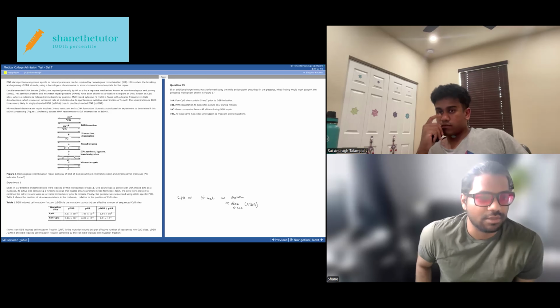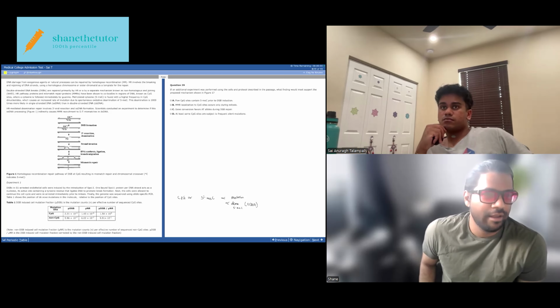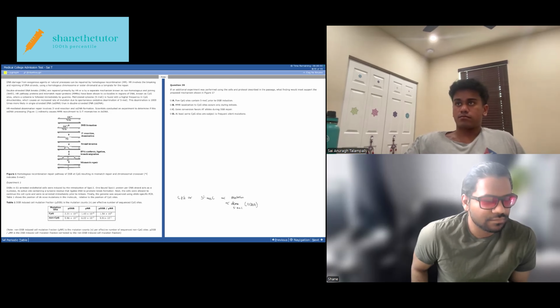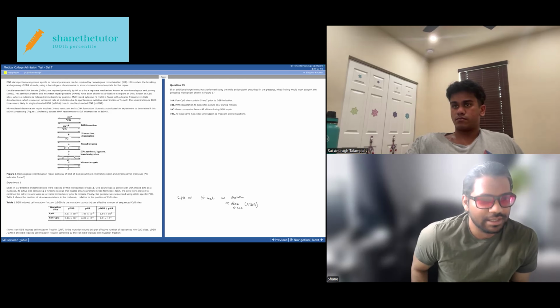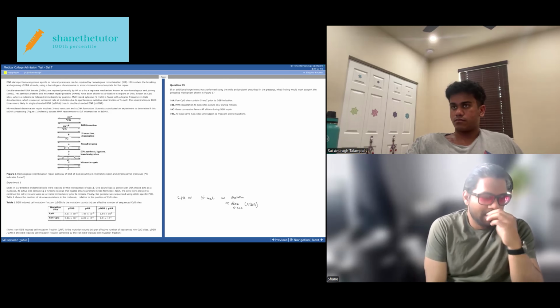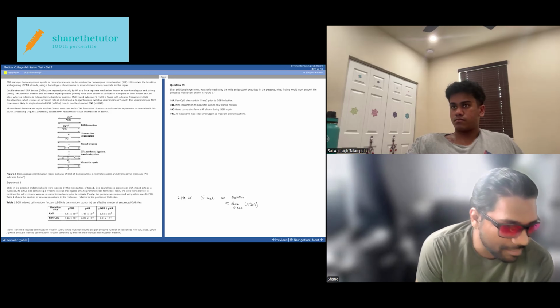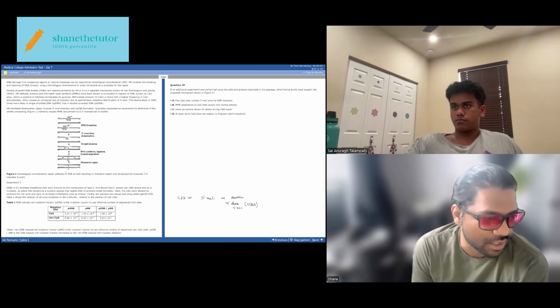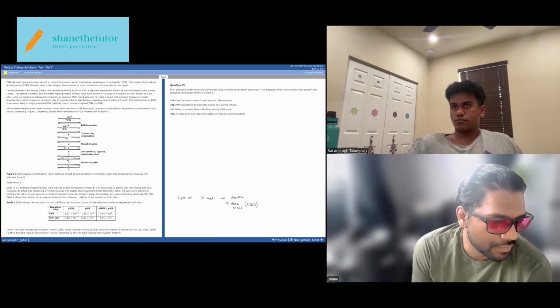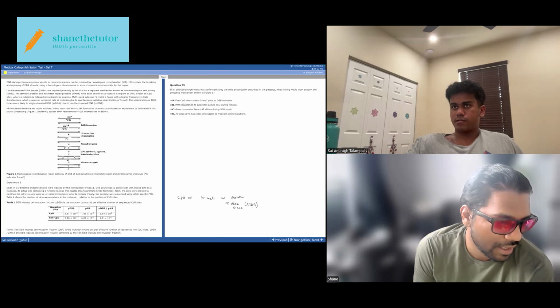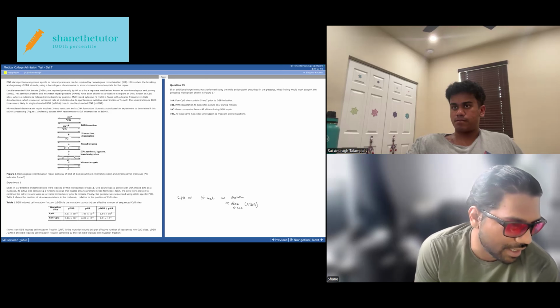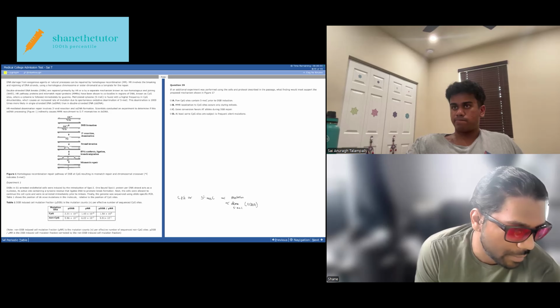Then they go into the HR pathway of DSB, and that's what we have here in figure one. It's kind of hard to see what this is showing us. But we start off with mismatch repair, chromosomal crossover. So it seems like we have some CpG site and then double strand formation.